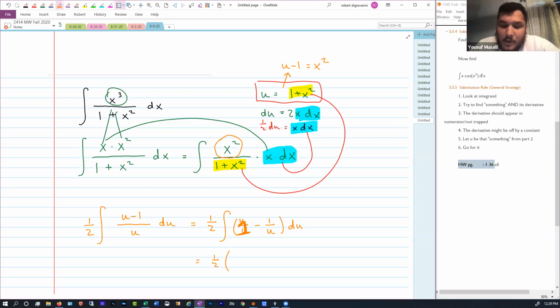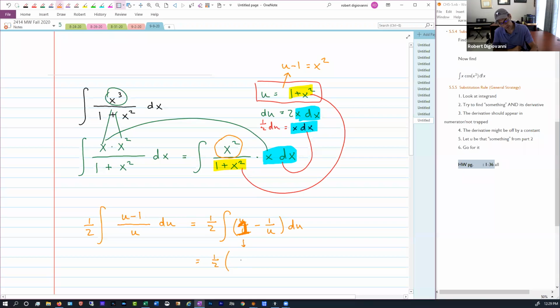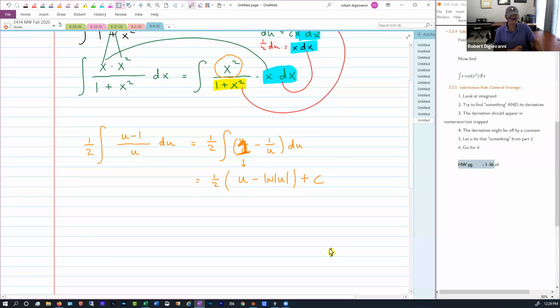X or u. U. So everyone keep in mind here, the antiderivative of 1 is u because it's with respect to u, then minus the natural log of the absolute value of u plus c. And last step is just to replace u with what it was. So u is 1 plus x squared.